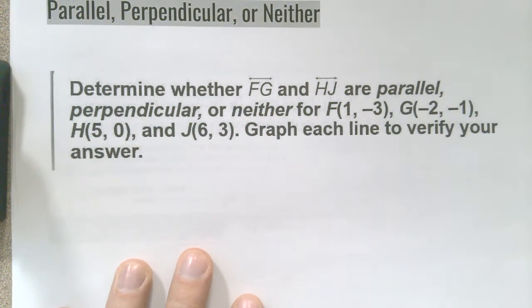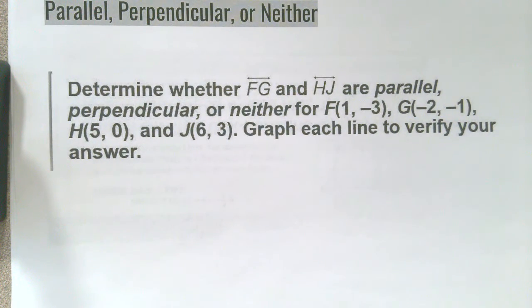So let's take a look at what your parallel and perpendicular problems are going to look like. A lot of them are going to look like this, where you're determining whether the lines are parallel, perpendicular, or neither. So notice in this one it says determine if FG and HJ are parallel, perpendicular, or neither. And then they're giving you the values for each of the points. Now we're going to omit the graphing part, so we're not focusing on the graphing as much as just determining parallel and perpendicular.